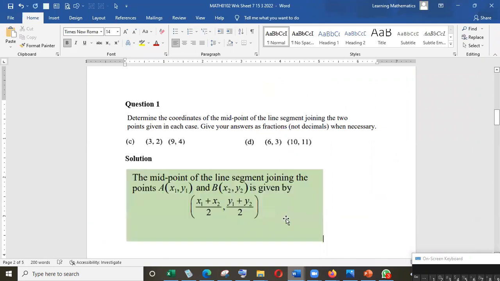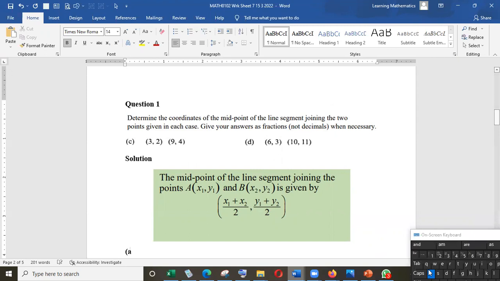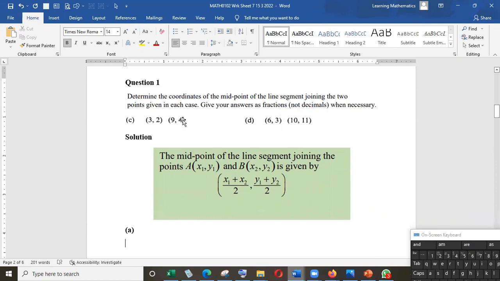So here's the formula for the midpoint of a straight line. So we have 2 points for part A, 3,2 and 9,4.